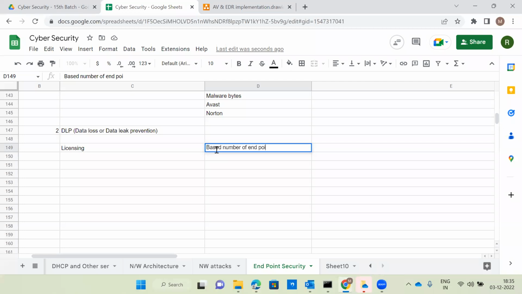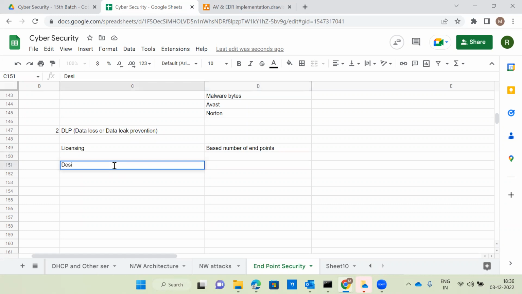First we have to gather the information on how many laptops we have, how many MacBooks, how many workstations, how many desktops, and even servers also. After gathering all this information, we have to purchase the licensing option. From where do we purchase this license? We have to purchase from the vendor or tool provider, whoever is providing it to us. Okay, so that is about licensing.